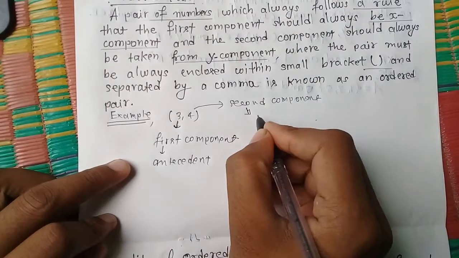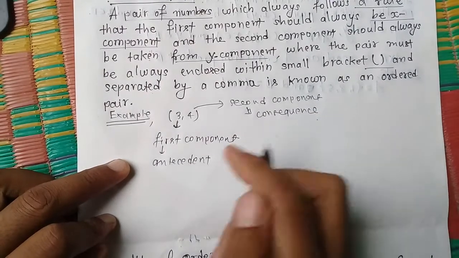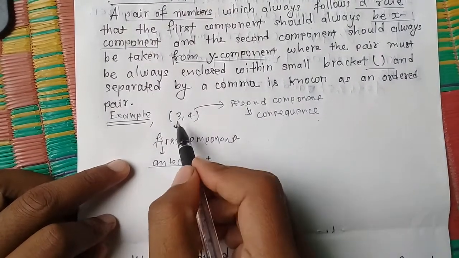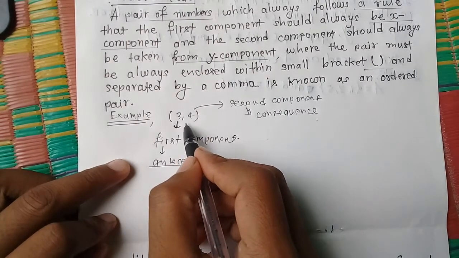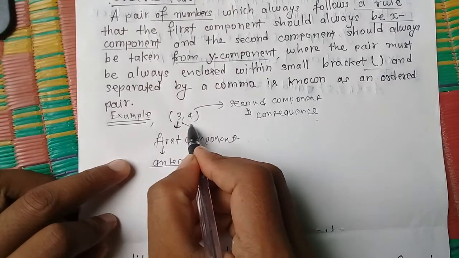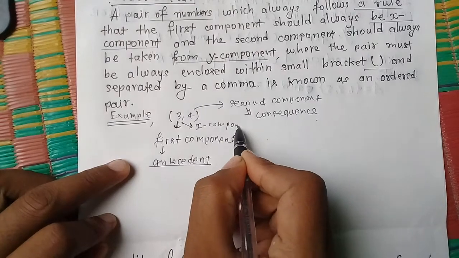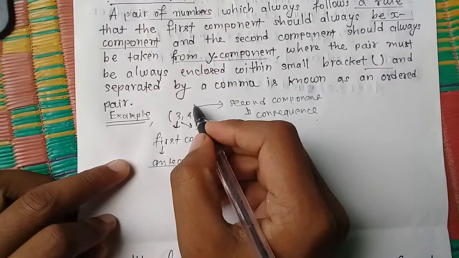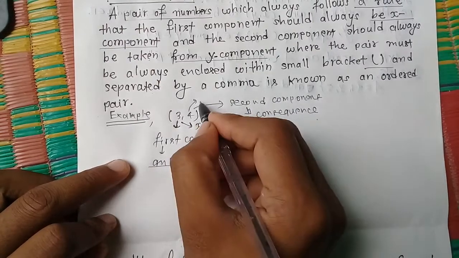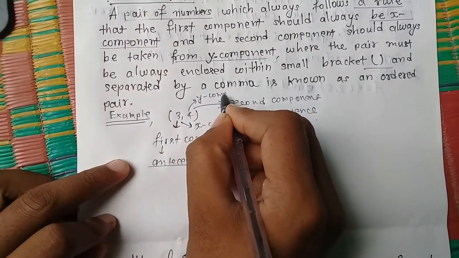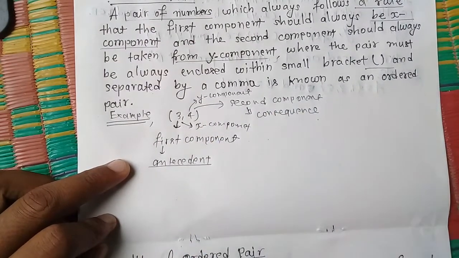It is also called the consequence. So the first component always represents the x component, and the second component always represents the y component.